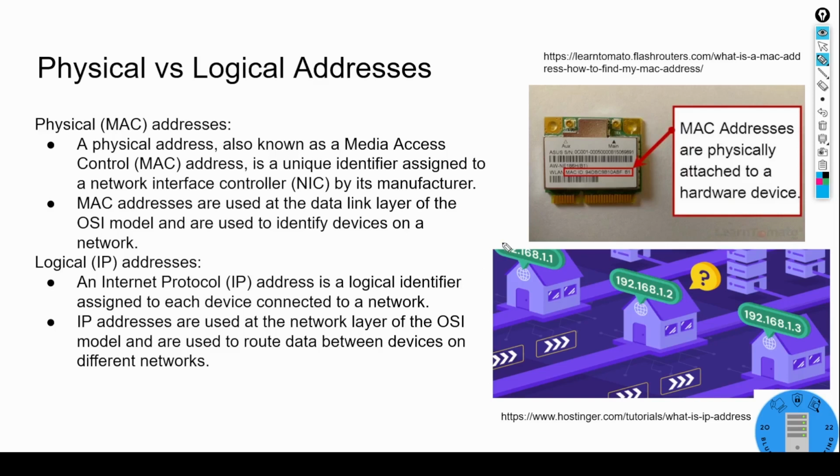So it's logical. It's not static, it's changeable, it's dynamic, whereas your MAC address is static, physically burned into your computer, a very unique identifier. No one else is going to have the same MAC address as you, whereas other people can be sharing IP addresses if they're leased out to you from different days, so we think of them as logical.